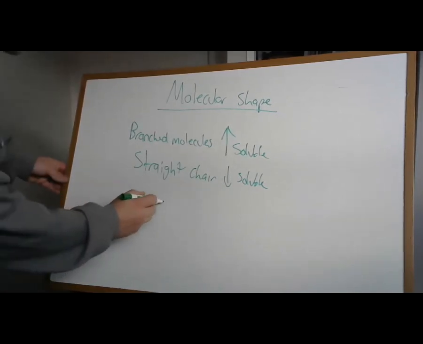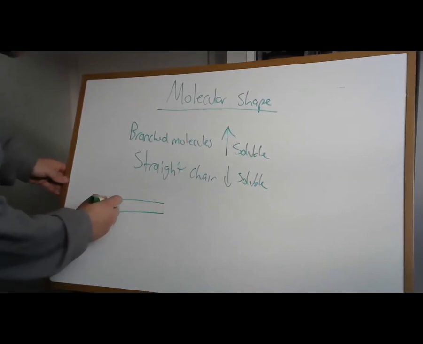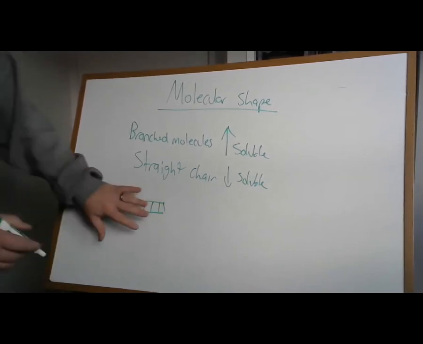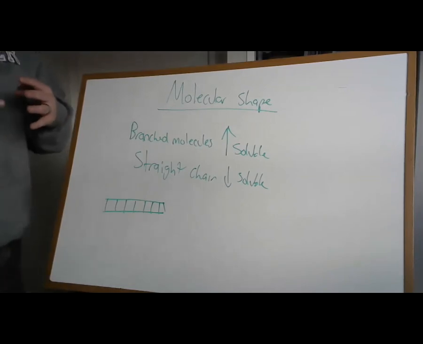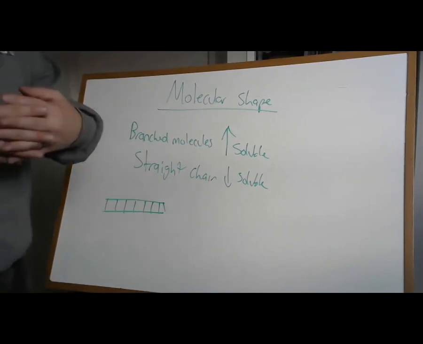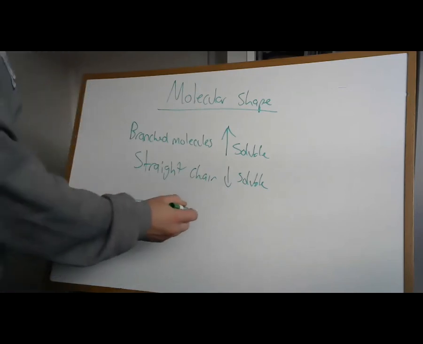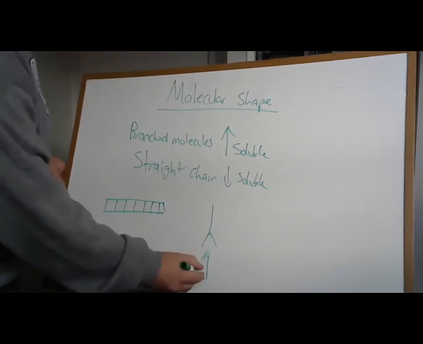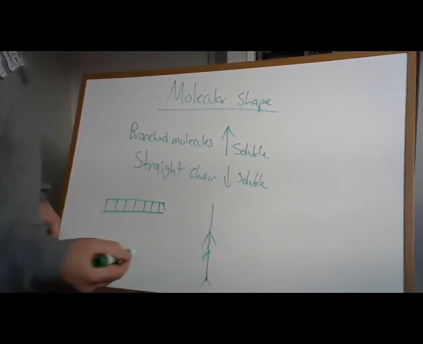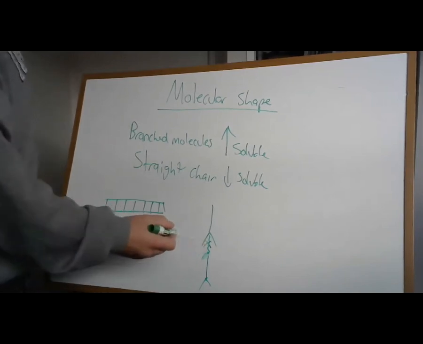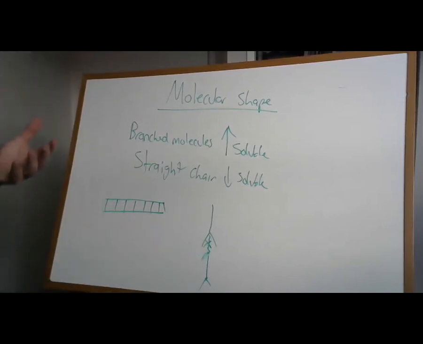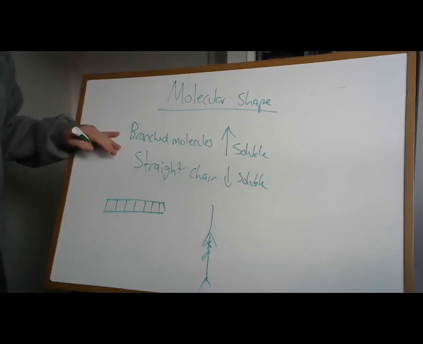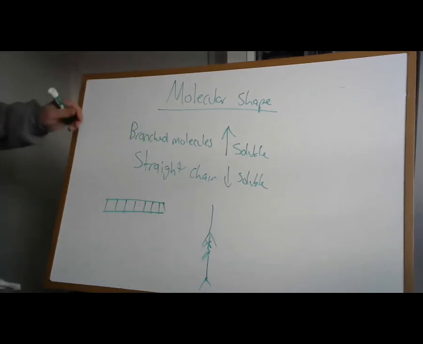So when you've got two straight chain molecules, there's lots of dispersion forces, and it's hard to overcome those dispersion forces to force two liquids to come together. Whereas in branched chains, if they're bound like this, and there's just one dispersion force in there, then it's easy to overcome that and bond it to the solvent, say if it's water. So branched chain molecules are more soluble than straight chain.